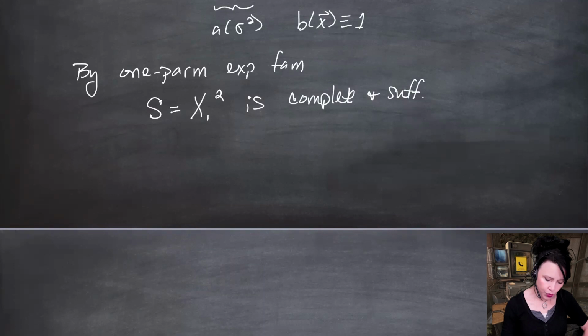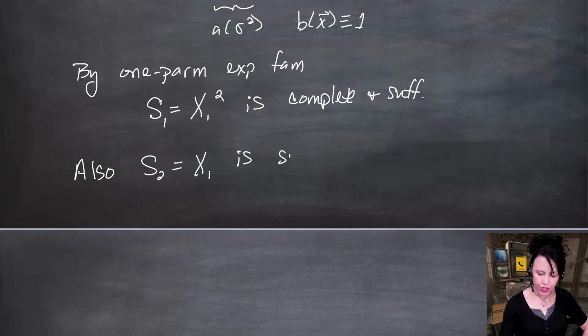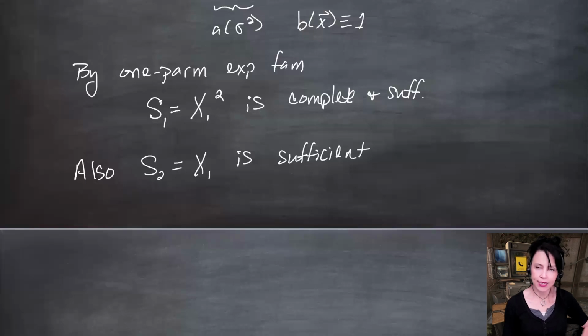I am going to call this S1 because we also know that the full data set, which consists of one data point, S2 being X1 alone, is sufficient for the same reason I always say you can take all of the data and because there's just one data point. So note a couple of things.